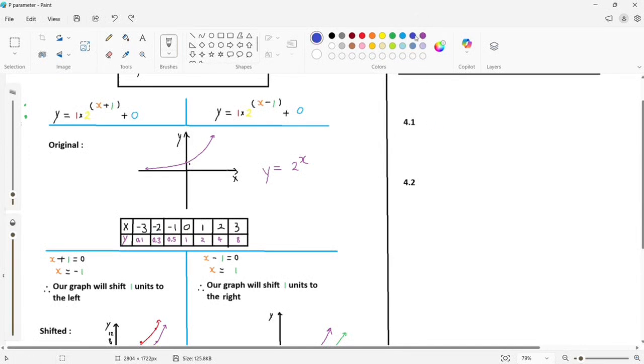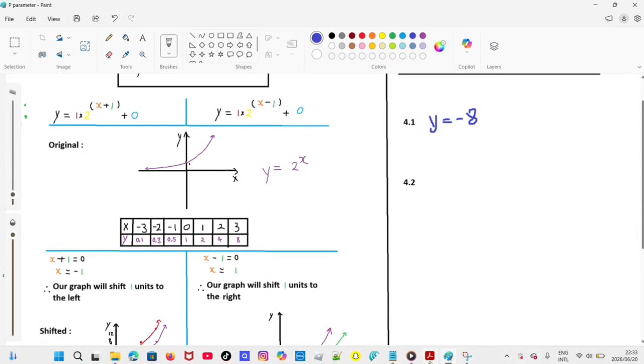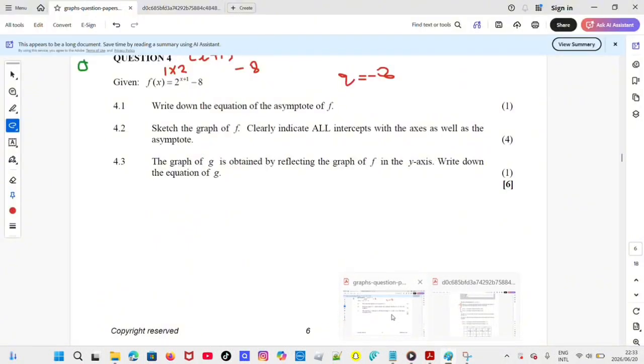Be careful what you say instead. Let me use this blue. What you're going to say is y is equal to negative 8. That's the vertical line. No, horizontal line, sorry. It cuts the graph horizontally. That's the equation of the asymptote.